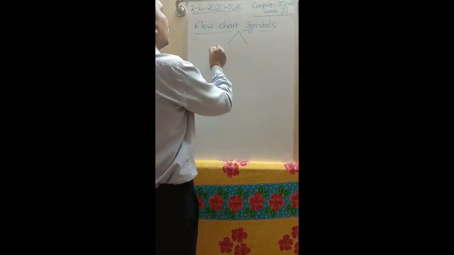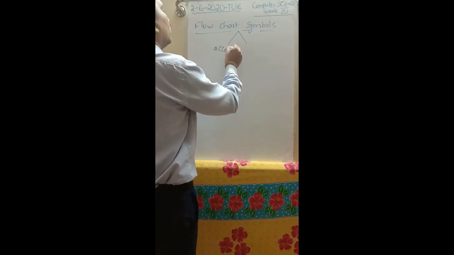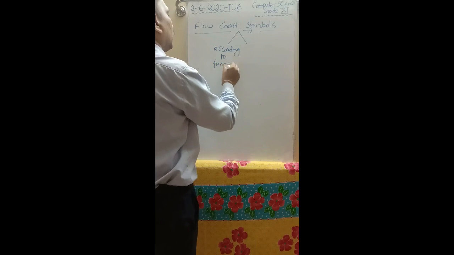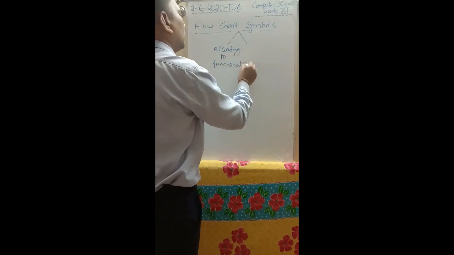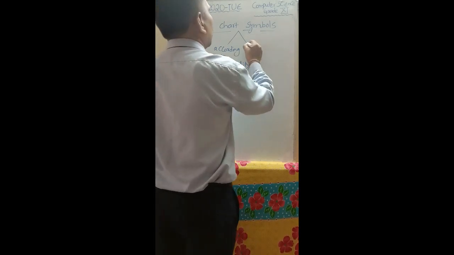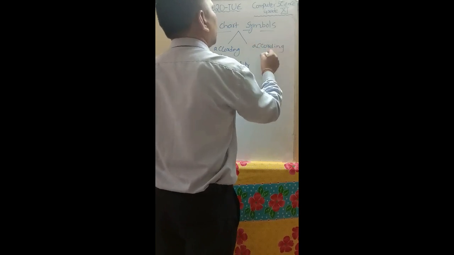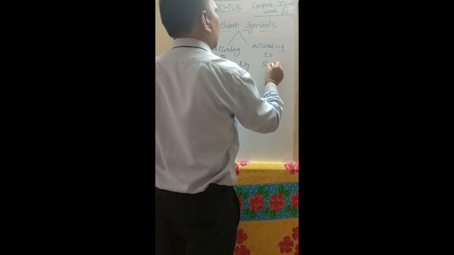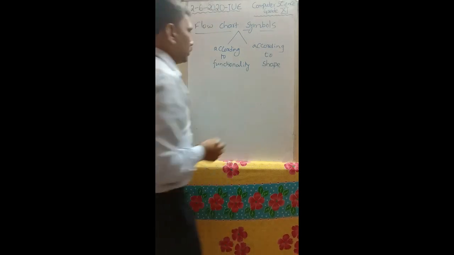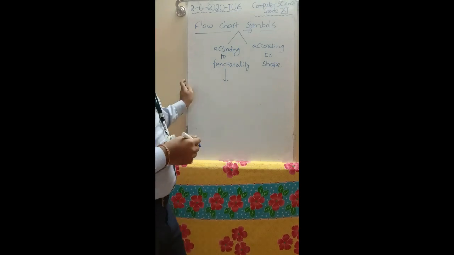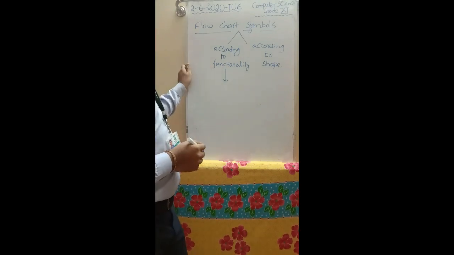One is according to functionality, and the second one is according to shape. So according to functionality, we use different types of flowchart symbols.